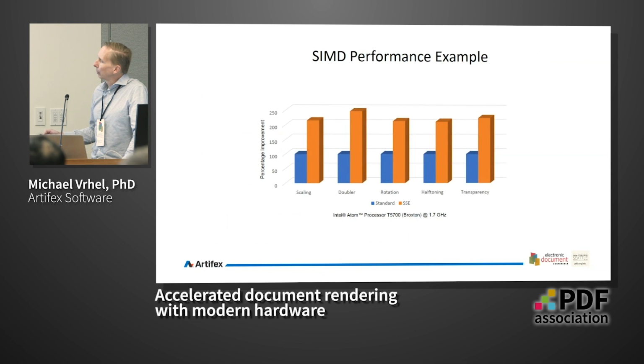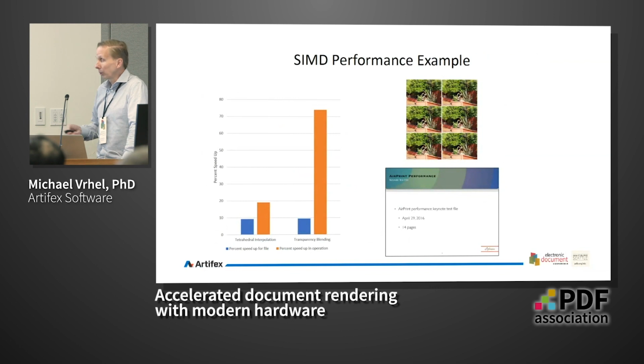So with the SSE implementation, you're getting easily a 2x performance improvement. This is over a series of different files. If I zoom in on a particular file, of course, it depends on what the file is using for that particular operation. If I look at the image file we had earlier, this is going to go through lots of tetrahedral interpolation, doing all the color conversions going from sRGB to CMYK, for example.